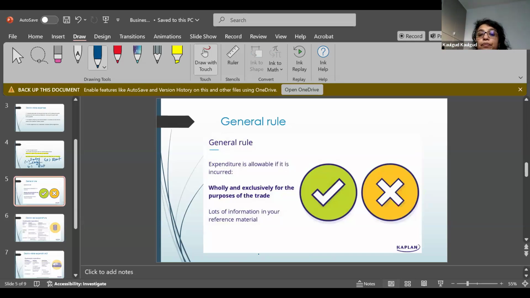So what is the general rule? The general rule is that expenditure is allowed if it is incurred wholly and exclusively for the purposes of the trade. In business tax, whether you are just starting, have already started, are in the middle of it, or are resitting, you might be aware that just like your taxation exam, or indirect tax if you have done it before, where you have a reference guide, this tax module also has a reference guide.